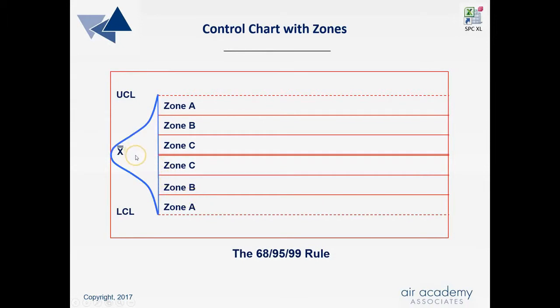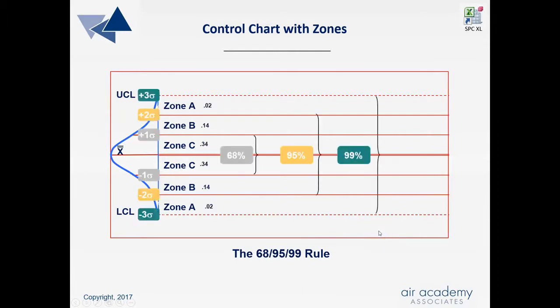We're going to tilt the normal distribution sideways and extend the zone lines out to relate to the plus or minus 1, plus or minus 2, and plus or minus 3 sigma areas. And you can see from those percentages, the software then develops percentages for each of the zone areas as shown here. 2% for the upper zone A, 14% for the upper zone B, 34% for each of the middle zone C's, and so forth. This is all based on the 68, 95, 99 rule.